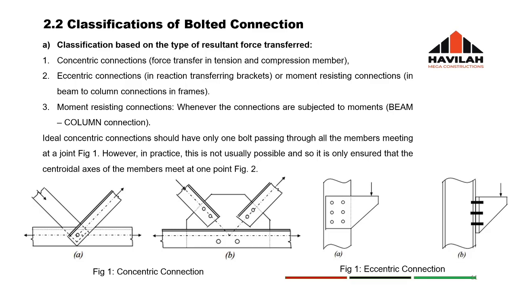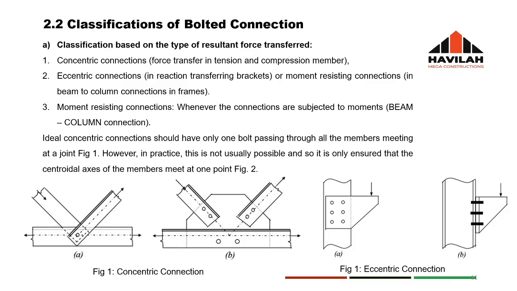And why is it an eccentric connection? It has to do with transferring reactions, transferring brackets. What you can see under eccentric connection, figure 2 anyway, is the bracket or moment resisting connection.